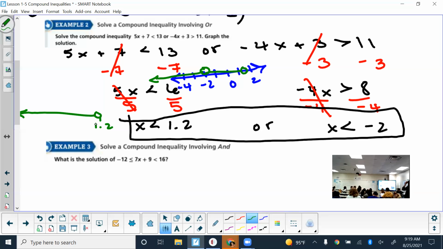If I told you I need to have over 2 students, can I have 2 students? So that's why it's open. You can memorize the symbols if you want. These are open always, and then the ones with the lines are closed always.